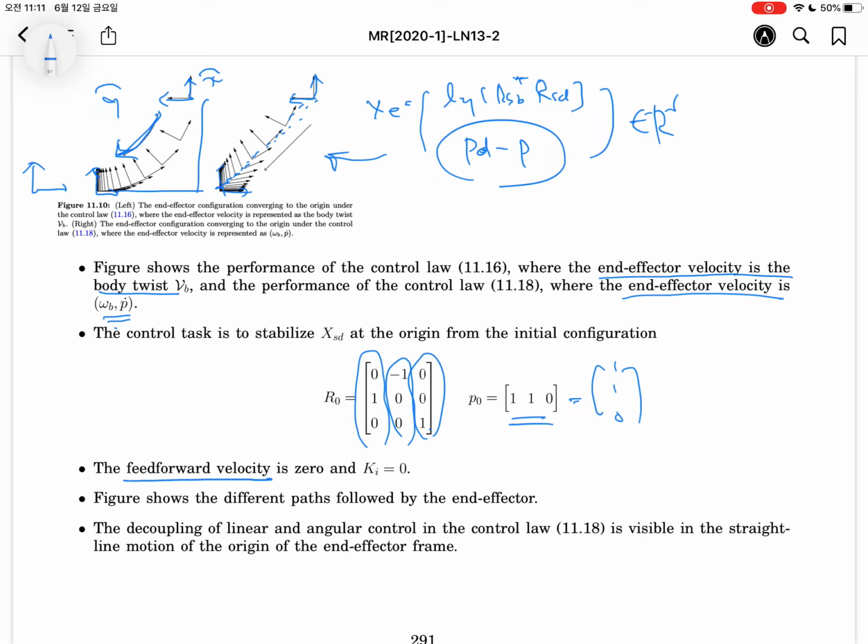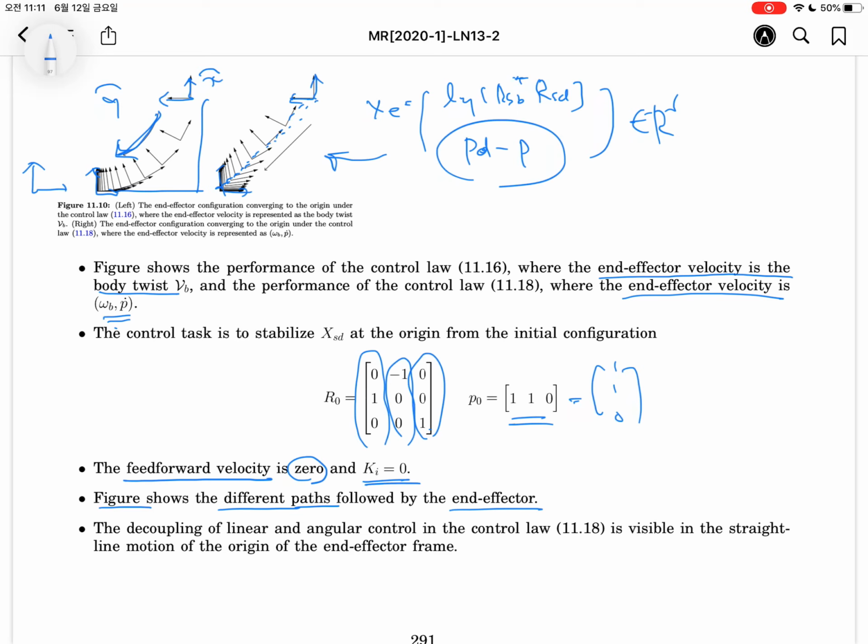The feedforward velocity is given by 0 to compare between the XE notations, and the Ki will be 0. So the very simple proportional control is applied to both. Like this, the figure shows totally different paths followed by the end effector.